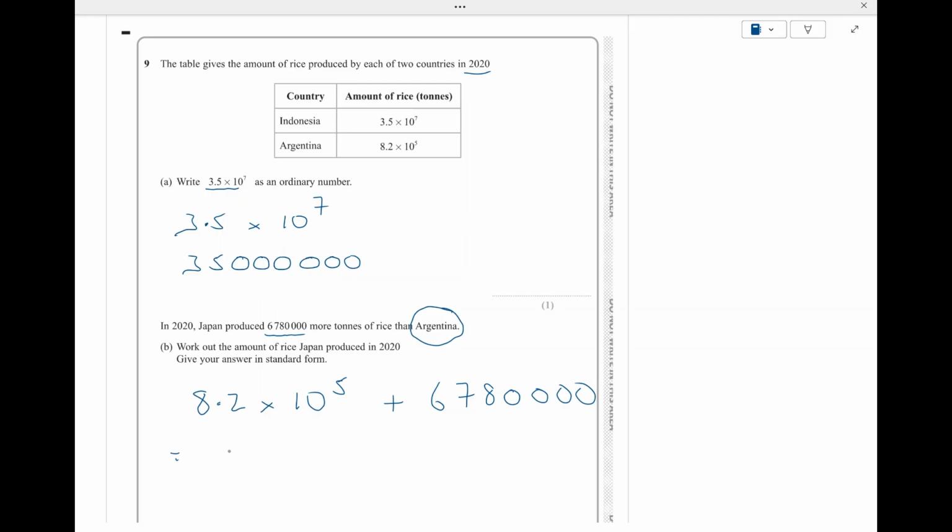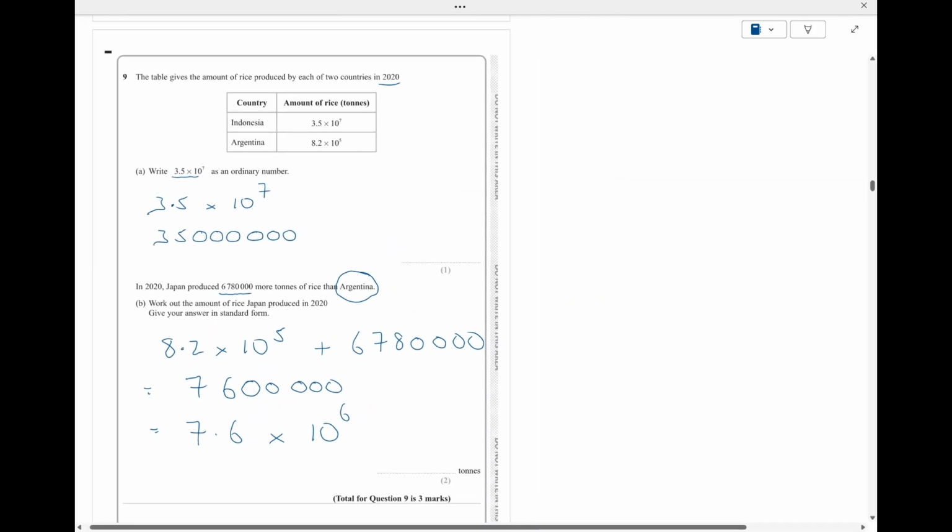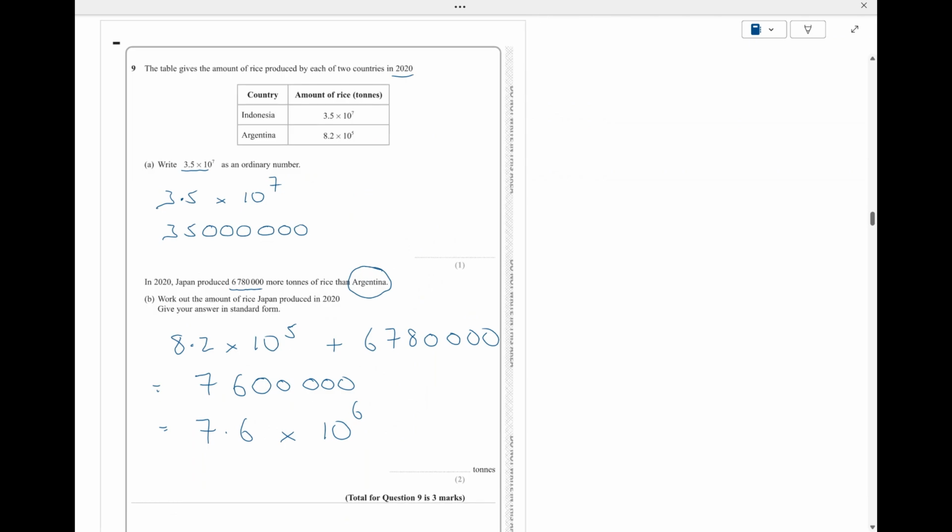So on my calculator, that tells me that Japan produced 7,600,000, which now I have to put into standard form. 7.6 times 10 to the 6. And that is my answer to question 9.